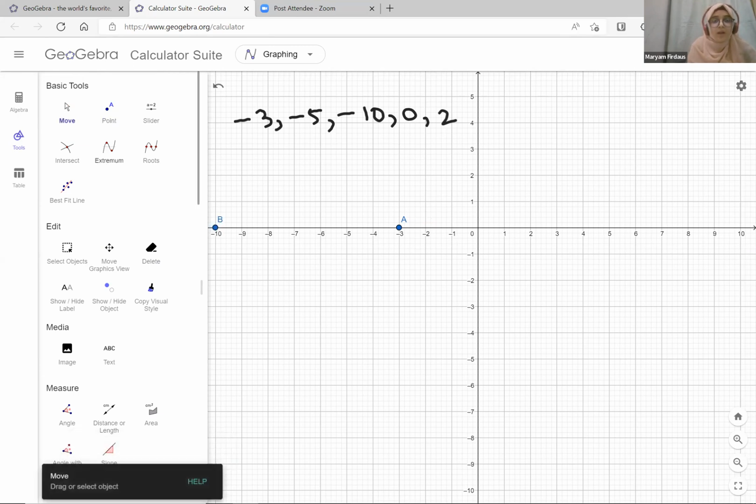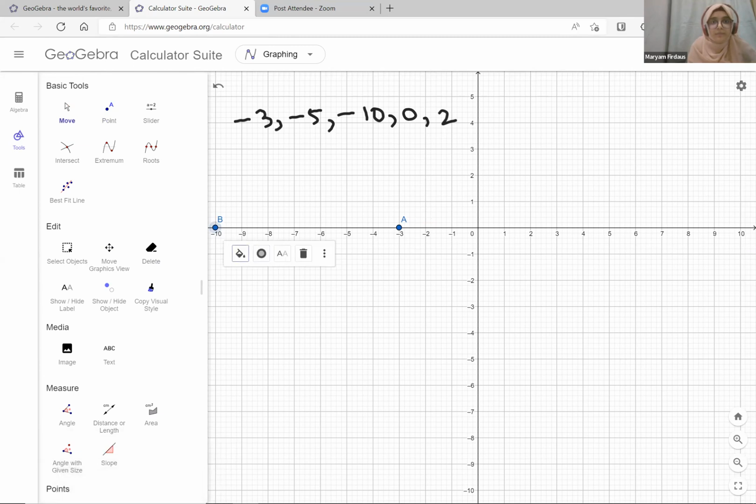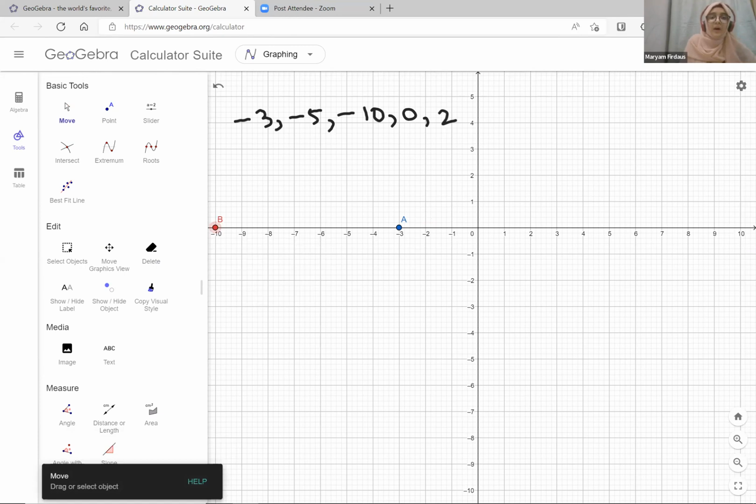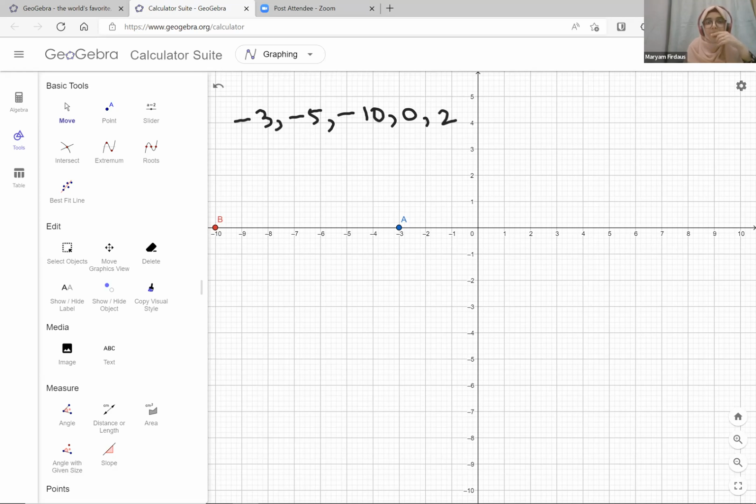Okay. So now can you tell me which of these appears more negative to you? -10. Right. So now can you tell me out of these 5 numbers, which of these is the most negative number? -10.